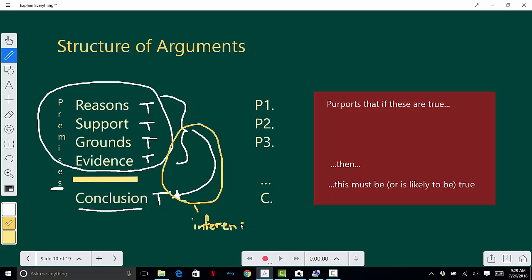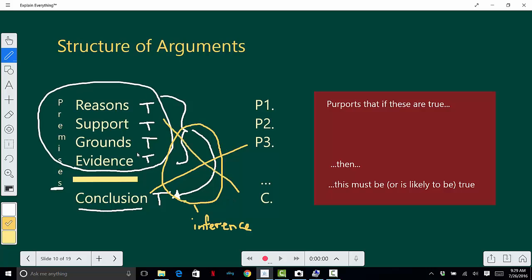And that's what we want to know is good or bad, because it turns out that you can take true premises, and then offer a conclusion that's true, and it still be the case that our reasoning or our inference is bad.